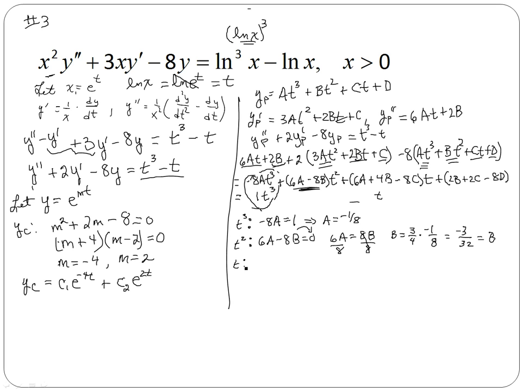Okay, equating my t coefficients, I get 6a plus 4b minus 8c, and that should be equal to negative 1. So I know the value for a and the value for b, and so let me solve for c by bringing my c term over to the right side, and I'll bring that 1 over to the left side.